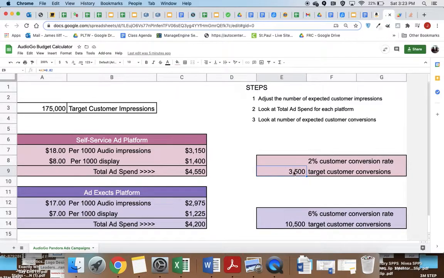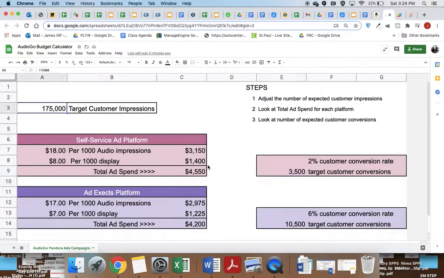So, long story short, Tide in this budget proposal, if you propose self-service ad platform, they're going to spend $4,500. They're going to get 175,000 customer impressions, and they're going to get on average 3,500 customer conversions.